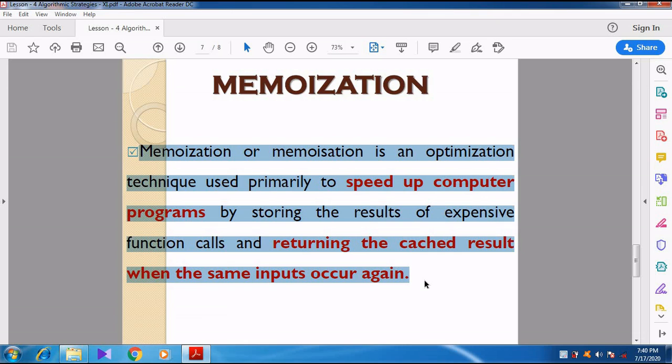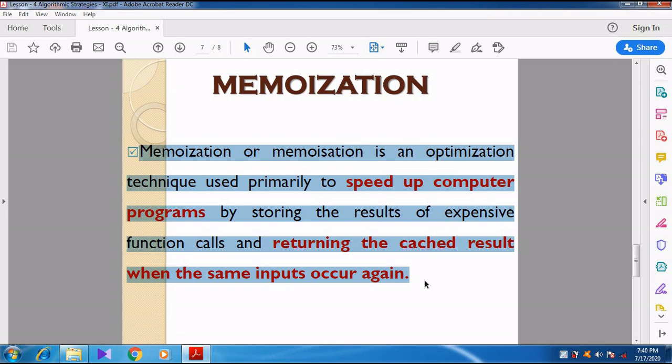It is simply like when we are using the internet. Today I am opening a particular website. If the same website is opened again and again, 2 or 3 times, then when we open it the 4th time, it will not open from the server, because the website data is stored in your mobile cache memory.